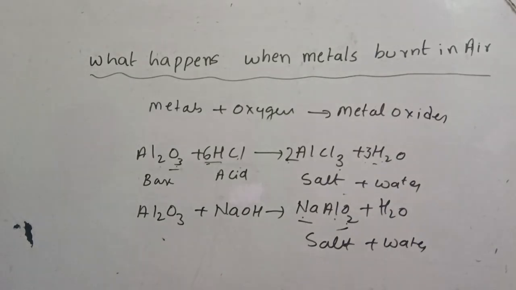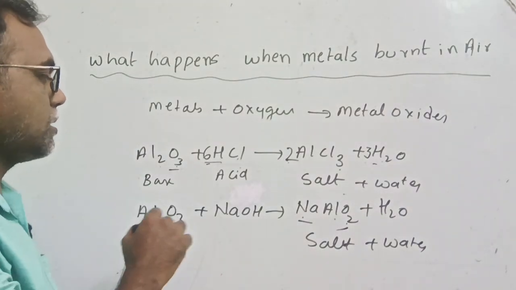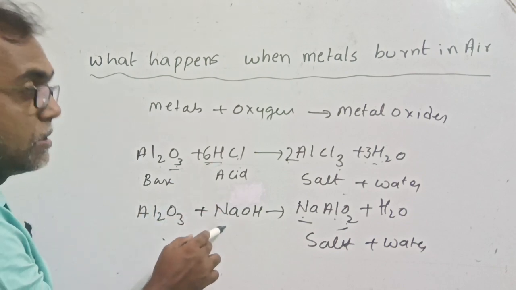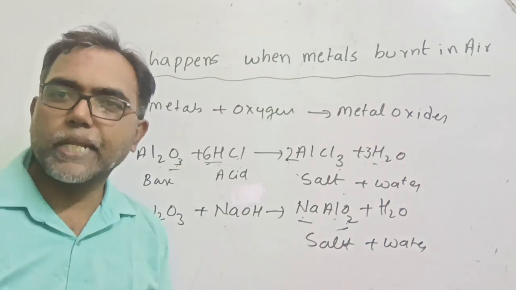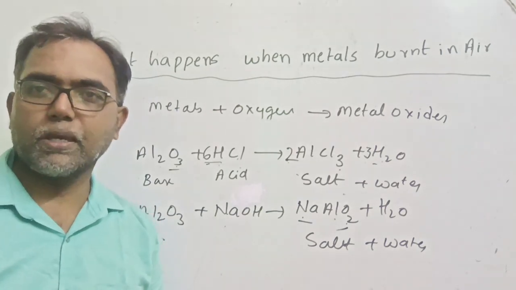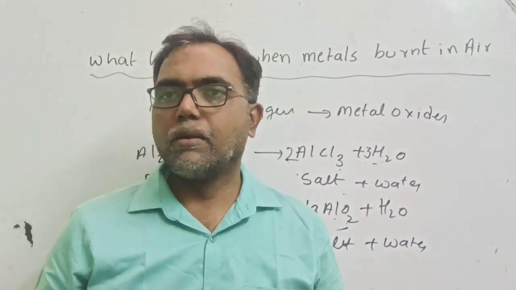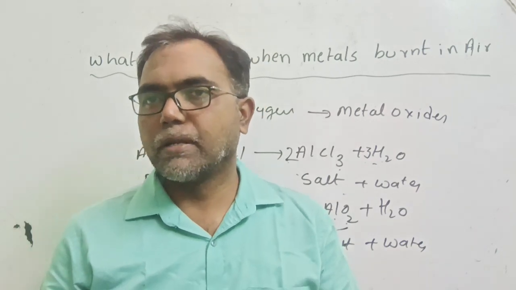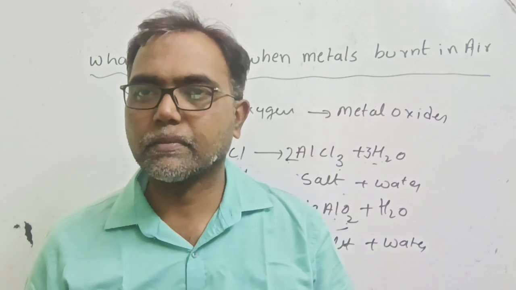So we can define amphoteric oxides in another way: amphoteric oxides are oxides which react with acid as well as base to give salt and water. Generally metal oxides are basic in nature and a few are amphoteric in nature. Examples of amphoteric metal oxides are zinc oxide and aluminum oxide.